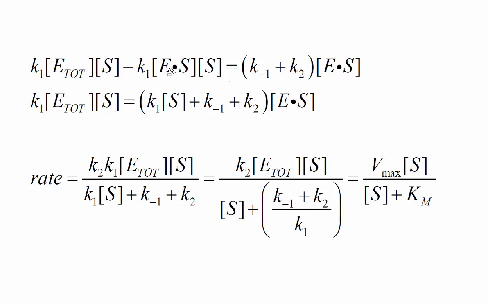That's that first side of the equation. And then the E dot S is multiplied by this summation of the two complex rate constants here. And then solving for the E dot S, here it is by itself.